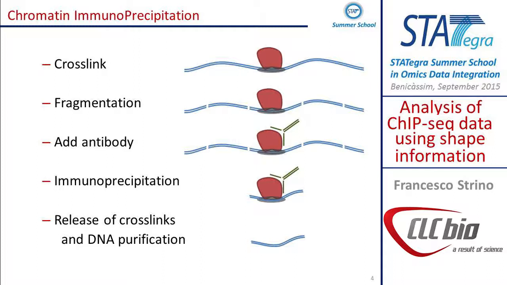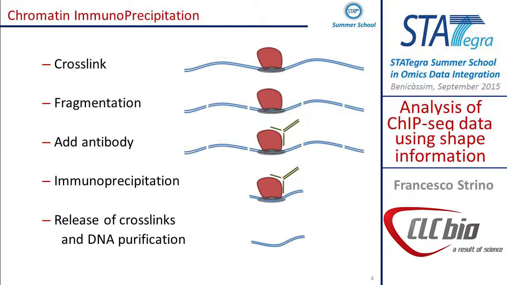Okay, there is still some noise, but that's the main idea. And finally, now that we have our DNA, proteins and antibodies, we release the cross-links and purify the DNA. So we get basically all the DNA that was initially attached to proteins. And so this is the material of ChIP.